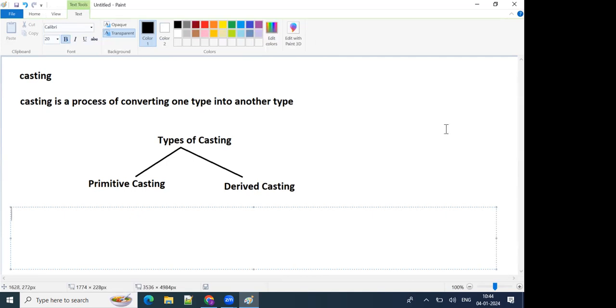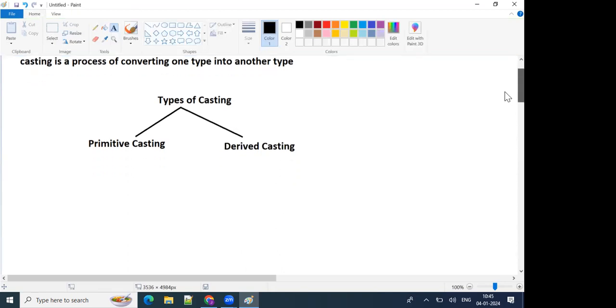That means we have several types of primitive data. I'm explaining about primitive casting. First, the smallest variable is byte.